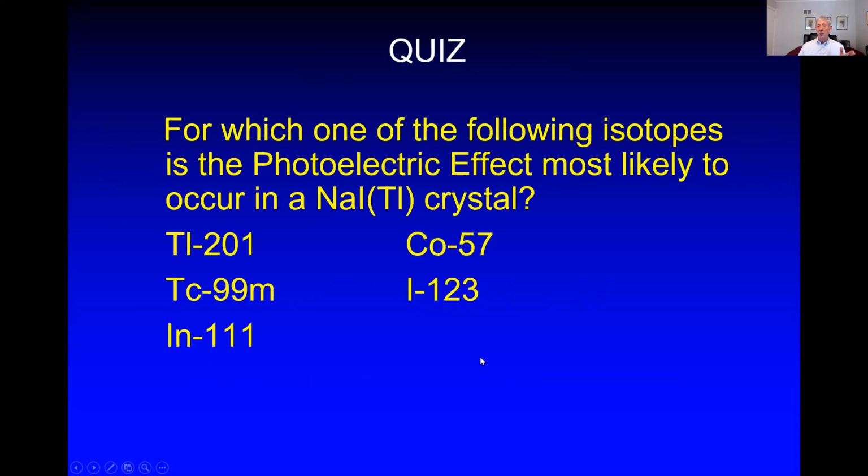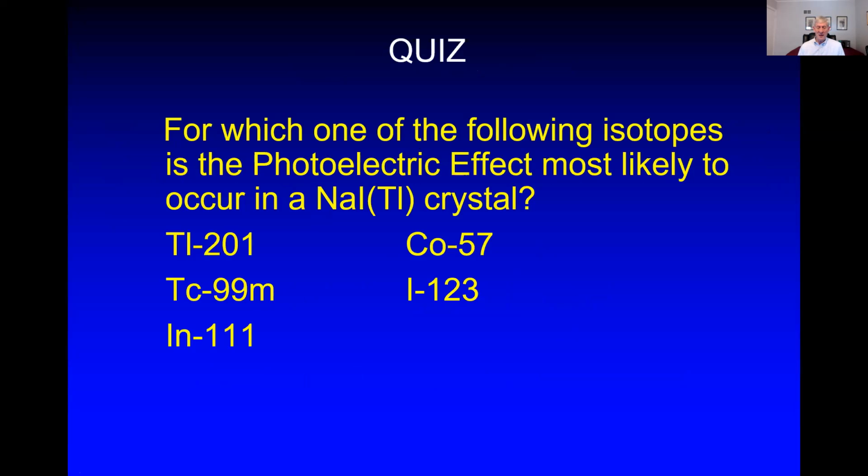Now, here's another related question. For which one of the following isotopes is photoelectric most likely to occur in a sodium iodide thallium crystal? Now, this is going to be based upon the energy of those photons. So first of all, let's see who can tell me what the energies are. I'll name one of these isotopes and maybe you could tell me what the energies are.